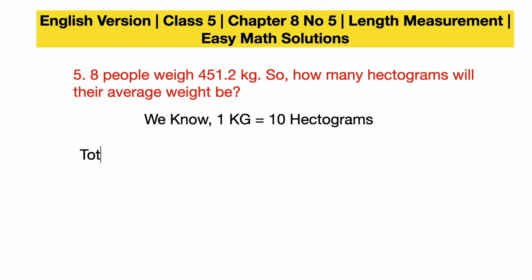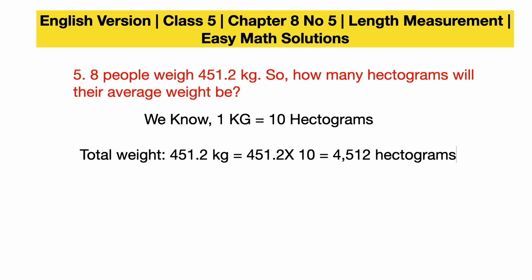The total weight of 451.2 kg, converted to hectogram, is 451.2 times 10, that means 4512 hectogram. Then for the average weight, how many people? 8 people, that means 4512 divided by 8 equals 564 hectogram.